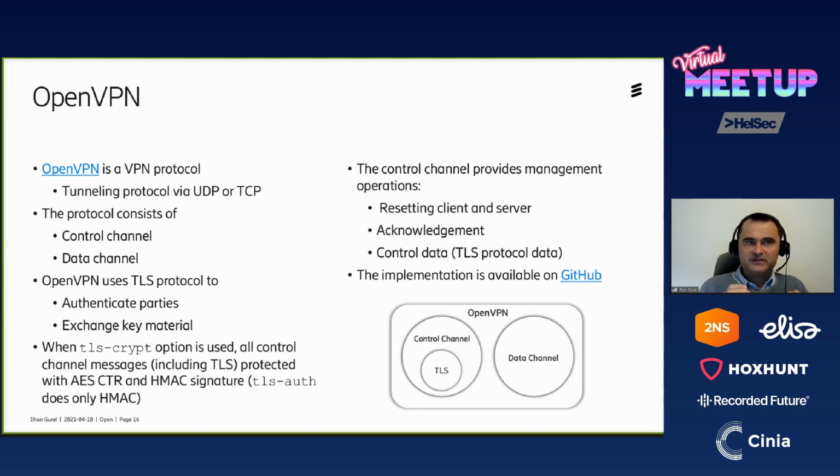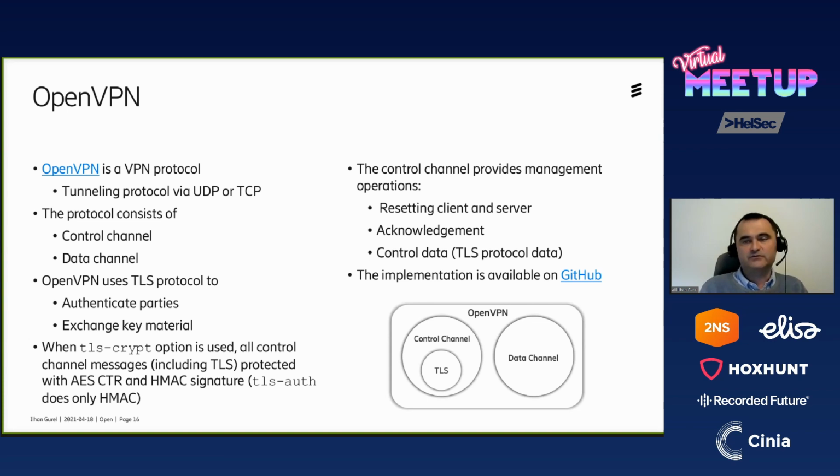What OpenVPN also does in quite recent versions, at least the one I'm going to use today, version 2.5.1, is offer something called TLS-crypt, or also TLS-auth. It is possible to protect the control channel, either its confidentiality or integrity.